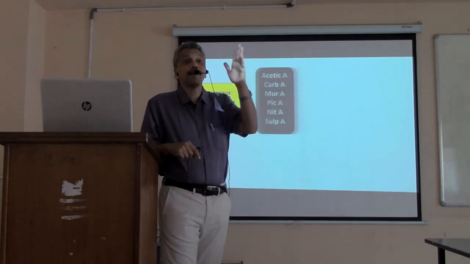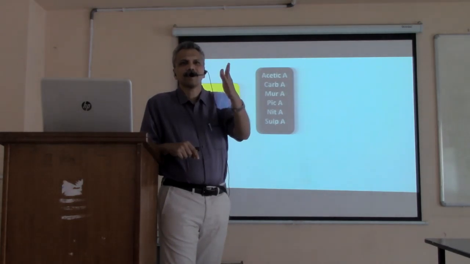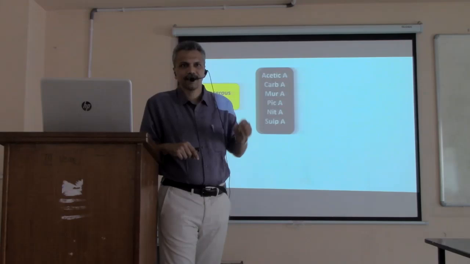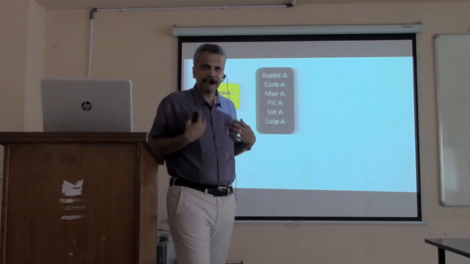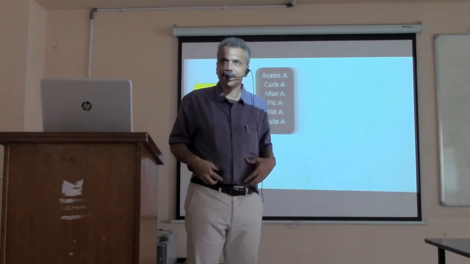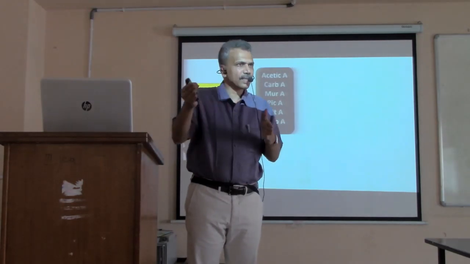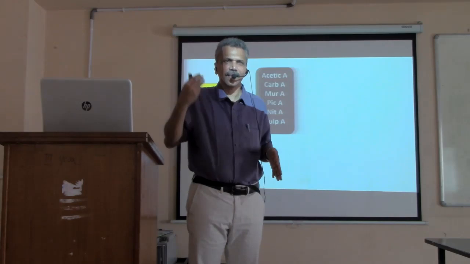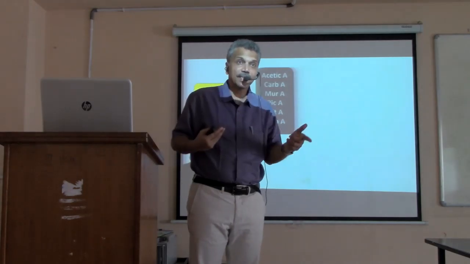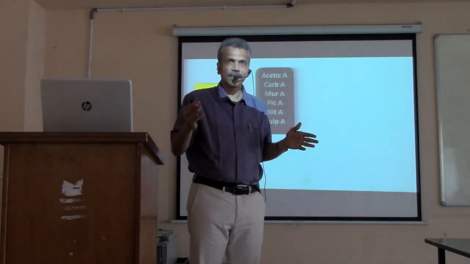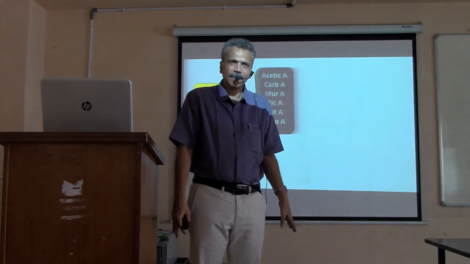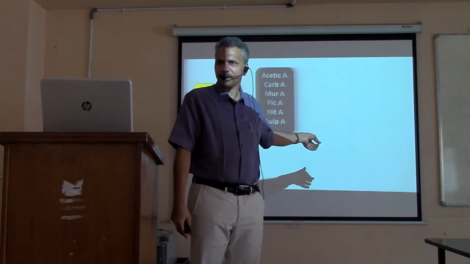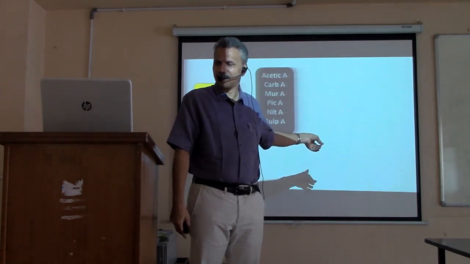Mainly in debility. See, there is something called cachexia, where they feel very lean, thin, emaciated, weak. In advanced cases of cancer, you see this state. When the cancer has spread, metastasis to different organs, and in last stages, they are lean, thin, weak, emaciated. Picric acid.